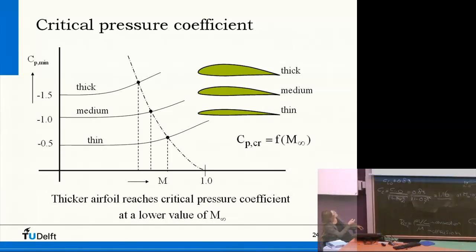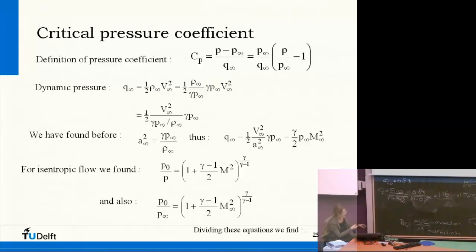So the only thing you should be aware of is that the critical pressure coefficient is the pressure coefficient at the point at which you have Mach 1. And that is a function of your thickness. That is really the main point to take away.